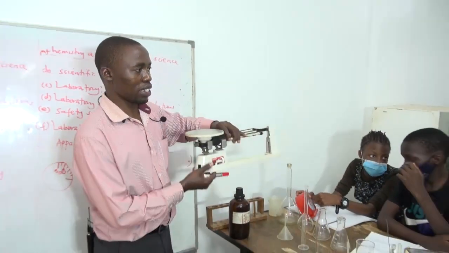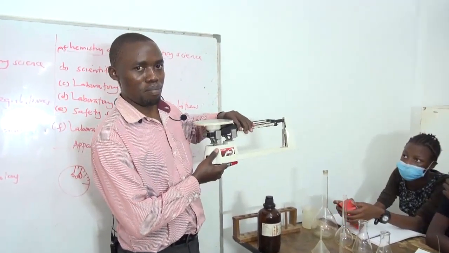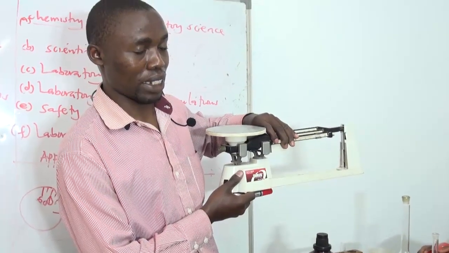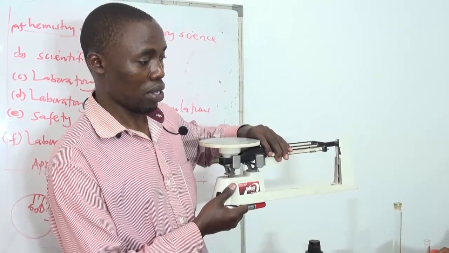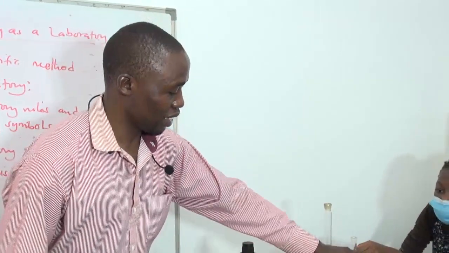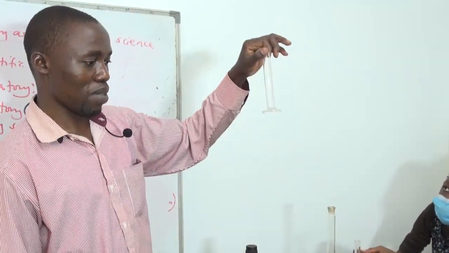We have this. This is called a triple beam balance for measuring mass of substances, not so? Yes. Okay. Time can't permit us. Next, here we have measuring cylinders.